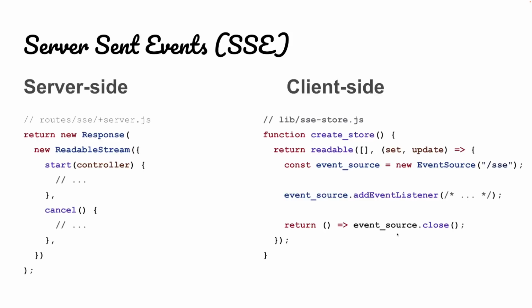The small issue is that there's nothing in the SSE specification that says SSE can only work over a certain HTTP method. But event source always makes a GET request. That means that if you actually want to make a post request, you can't do that with the inbuilt event source.